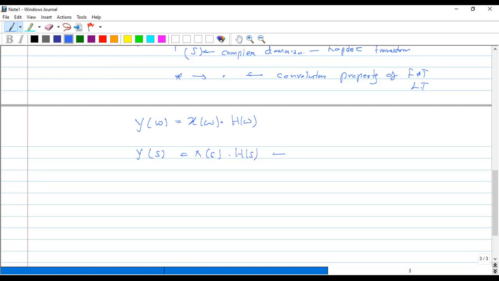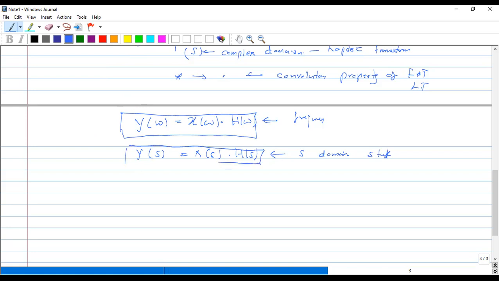If you are learning control systems, normally we use this S domain. For this course, we use the frequency domain, because filters, amplifiers and oscillators are directly related to frequency. So we can use frequency domain analysis rather than the S domain.